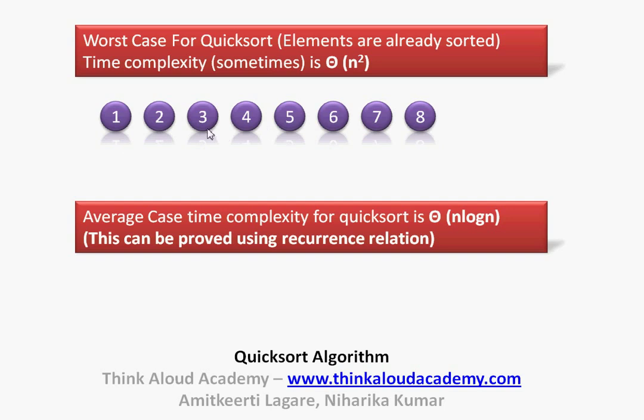Then we go to the element 2, and i would be pointing to 3 and j would be pointing to 8. i will still remain at this position, and j will again come all the way till the element 2, and 2 will replace 2 itself, and pivot moves to 3.